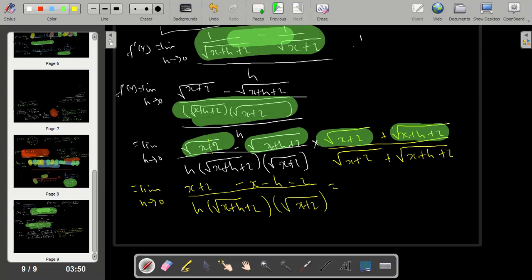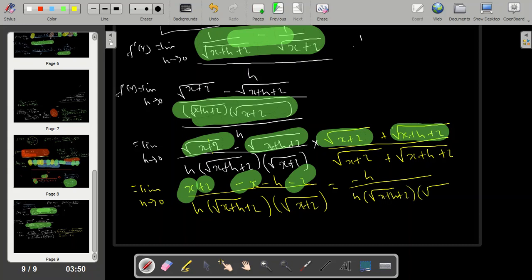At this point you can also check if there is something that cancels. So this and that can cancel, positive 2 and negative 2 can cancel, so I'm just going to remain with negative h there. So I'm going to say negative h over h times the bracket of the square root of x plus h plus 2 plus the square root of x plus 2.